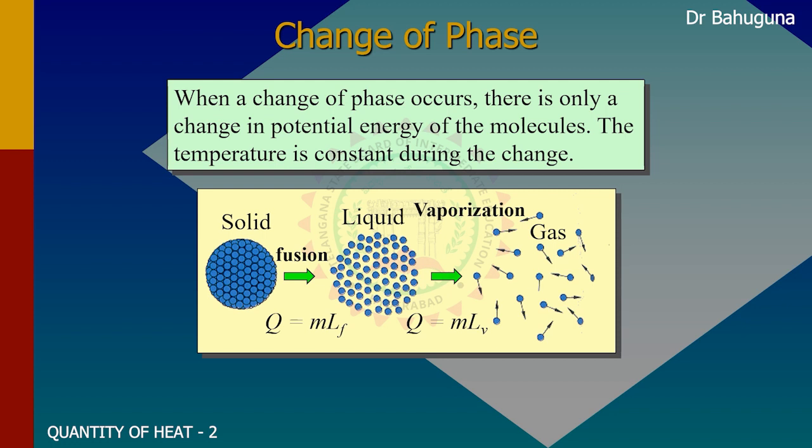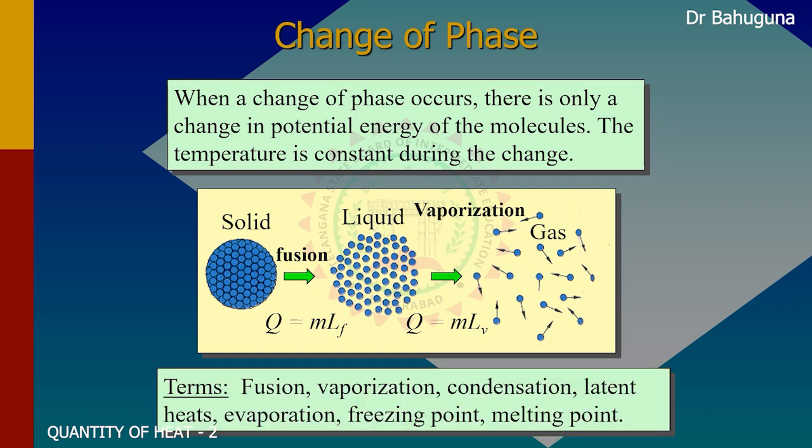In the case of liquid to vapor, we call it latent heat of vaporization, L suffix V. So these are the different forms of change of phase: fusion, vaporization, condensation, evaporation, freezing point, melting point. All these take place from one state to another state at constant temperature.